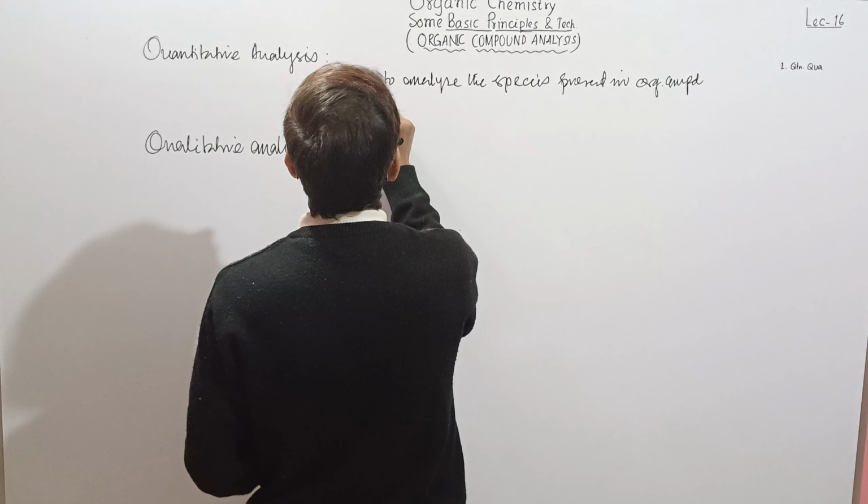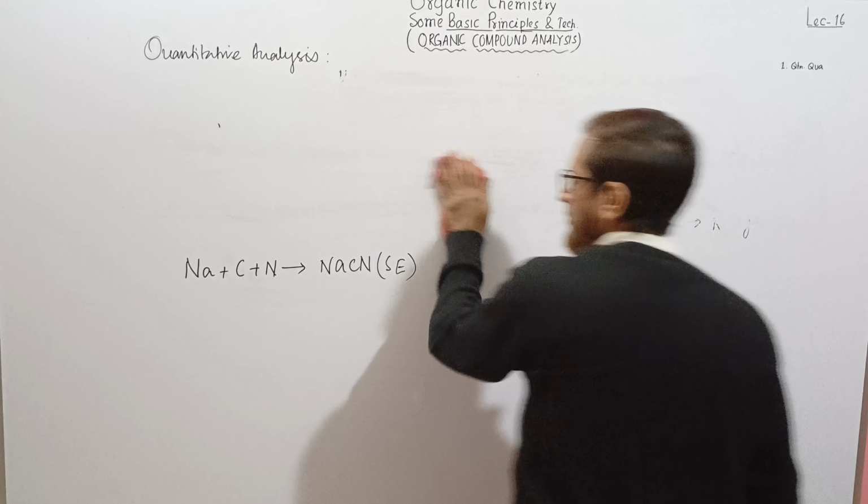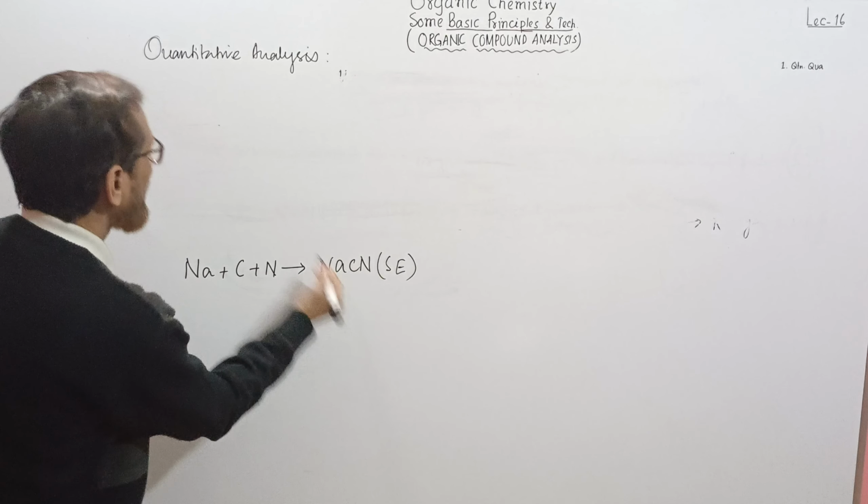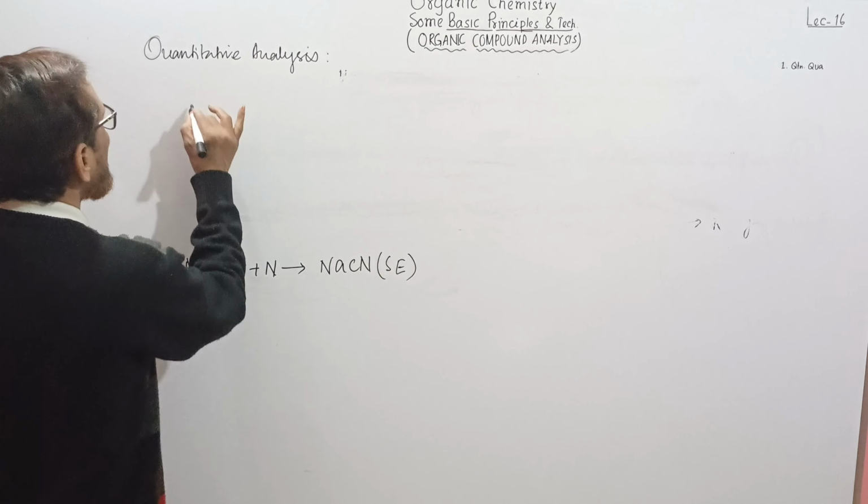If nitrogen is present in the sample, then sodium combines with carbon and nitrogen to give you sodium cyanide, NaCN, which is the main content of the sodium extract.